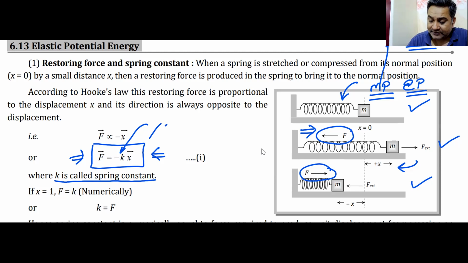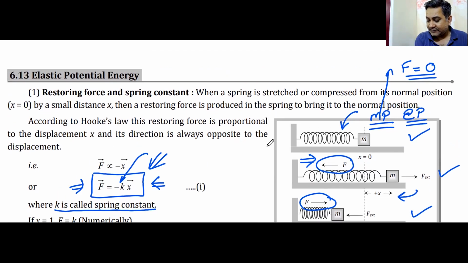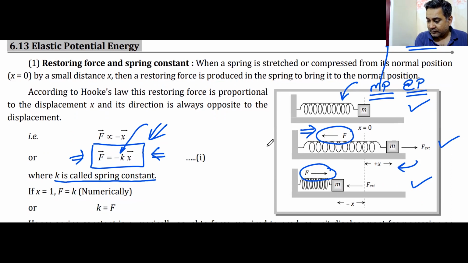I'll give you 2 minutes to do it. Everyone understands this? Mean position or equilibrium position occurs where the spring is in its relaxed state. I'll give you 2 minutes. Please note it down.